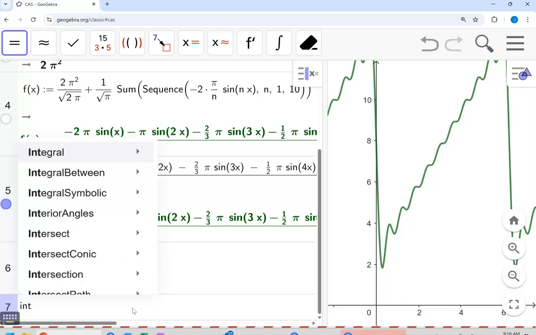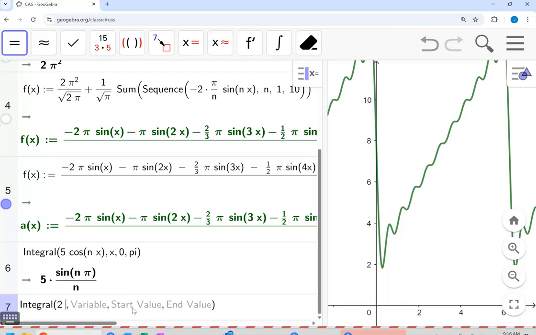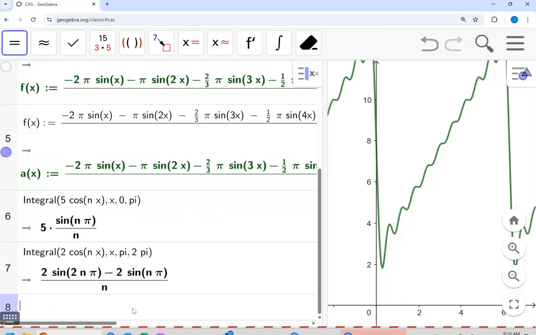And if I do integral of 2 times cosine of nx, and then x from pi to 2 pi, what's that going to equal? Also 0, right? Okay. So notice again, just like the previous one, I'm not going to have any constants multiplied by my cosine, so I don't need to worry about that one, right?